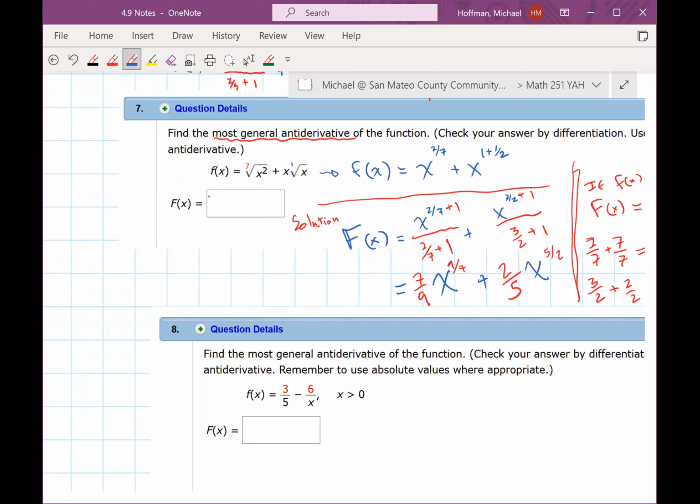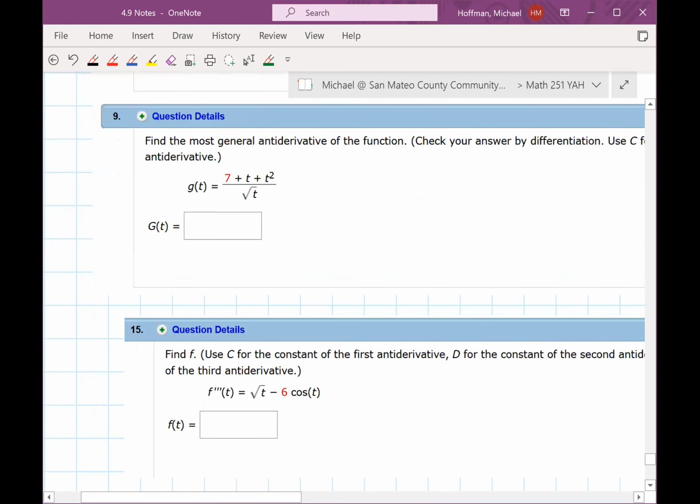So let's write the final answer. 7/9 x to the 9/7 plus 2/5 x to the 5/2 plus c.